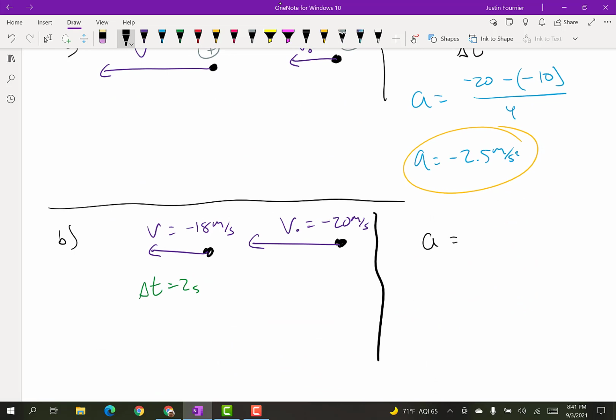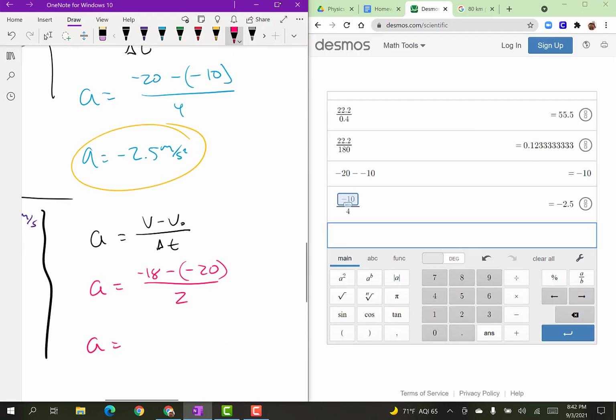So again, I'll say the acceleration is change in velocity over the change in time. And so in this case, this acceleration is going to be negative 18 meters per second, that's the final velocity, minus the initial velocity, which is negative 20, divided by the change in time, which is 2 seconds.